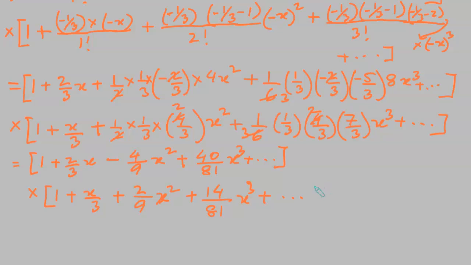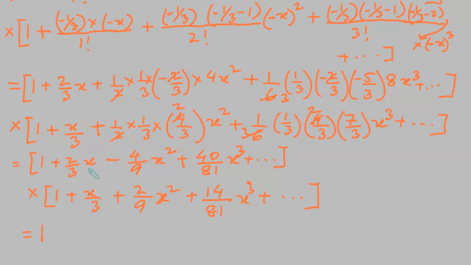Fine. And they have asked us to give first 3 non-zero terms. Okay, the first term obviously in the ascending powers of x. So the first term will be having the power of x as 0, or it will be a constant term. Obviously 1 times 1 will be giving us the constant term. So the first term is 1. Second term should be containing x to the power of 1 or simple x.